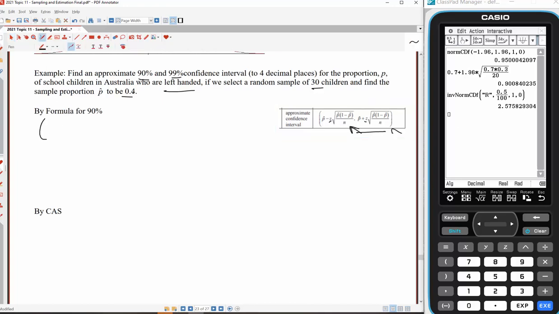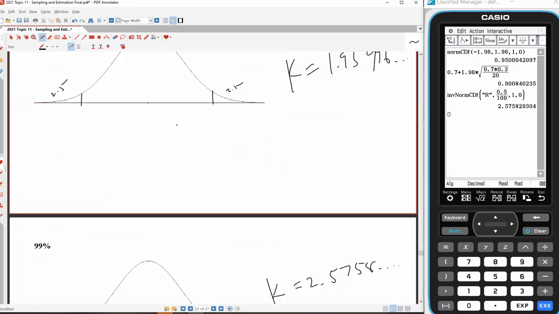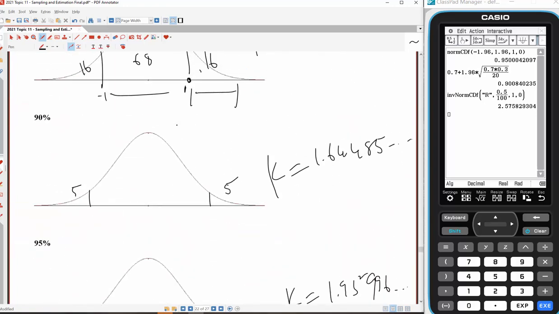I'm going to try and punch this out a little bit faster. So it's going to be P hat 0.4, take away, now Z for 90 is going to be 1.64.